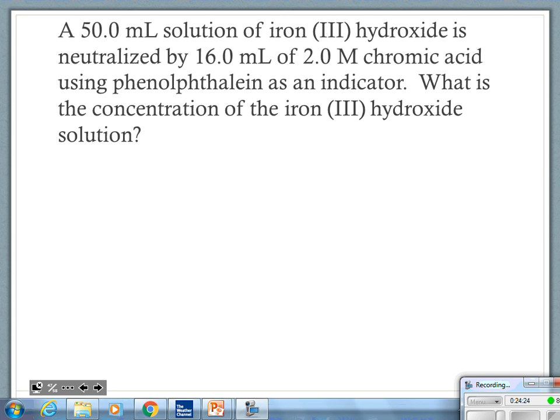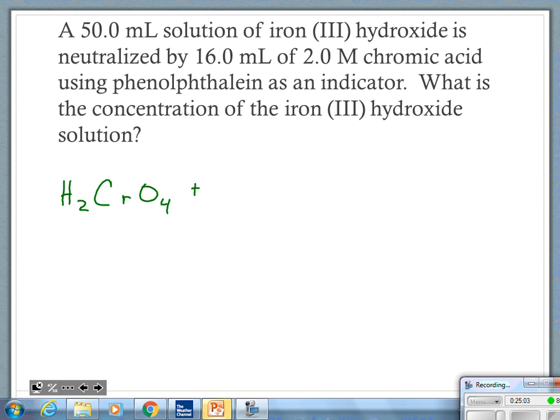And I need to start with my acid and my base. So chromic acid, chromate, because I see the IC, I know that chromate is CrO4 2 minus. So in order for that to balance out as an acid, I need H2CrO4.